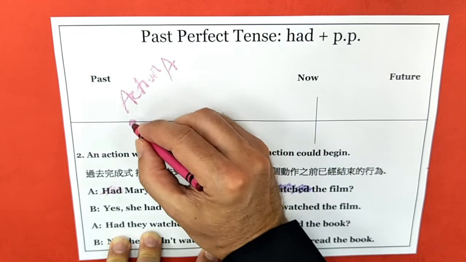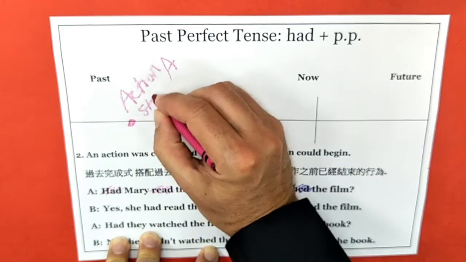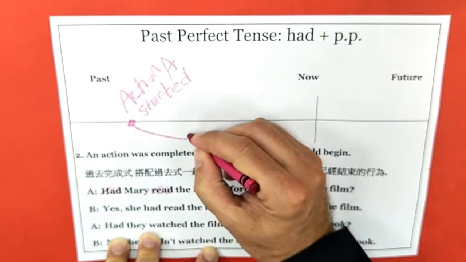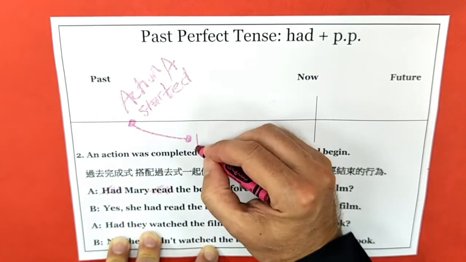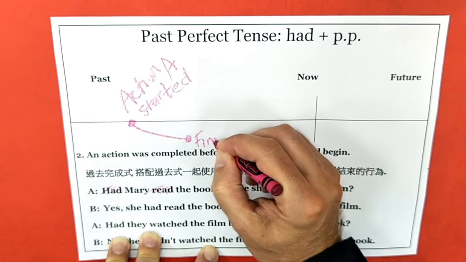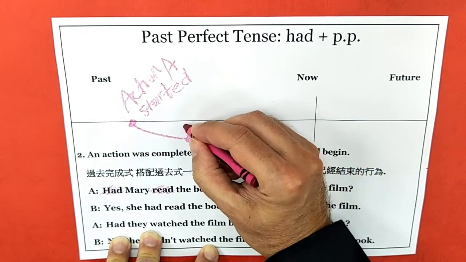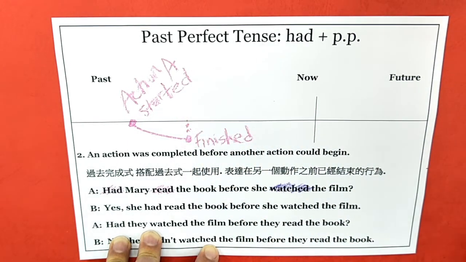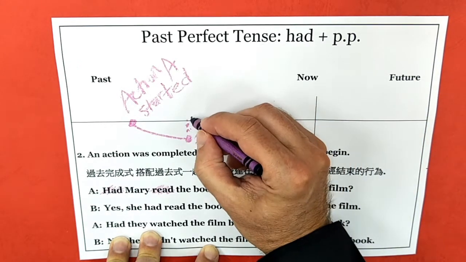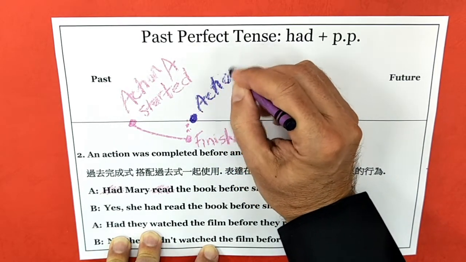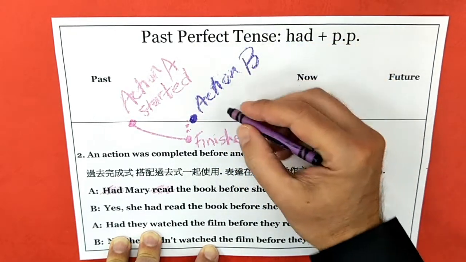That action, it started, and it finished, and when it finished, this action B could start. Action B could start.